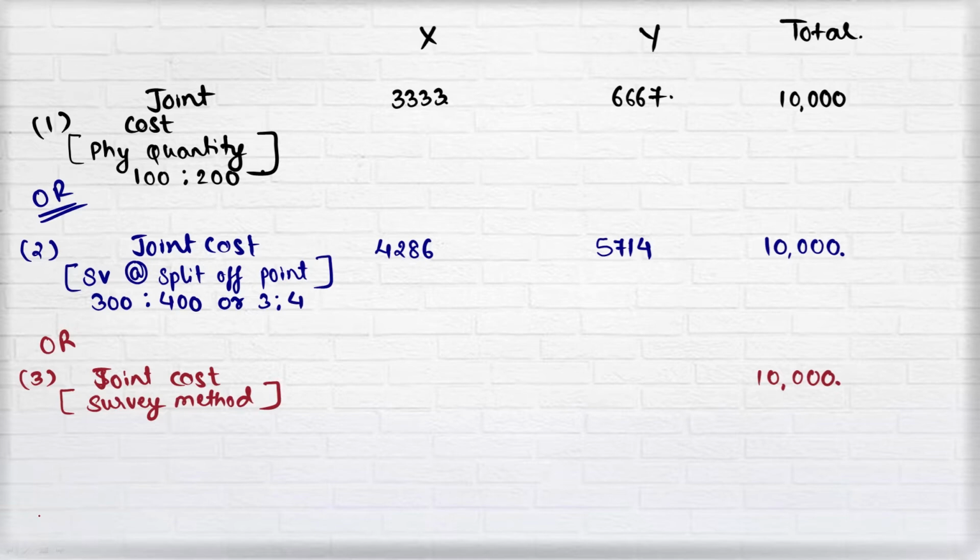Please try to understand. How many units of X and Y are manufactured? 100 and 200. By some survey, you have got an idea that the importance that should be given while distributing joint cost to X is say 5 and distributing joint cost to Y is say 4.